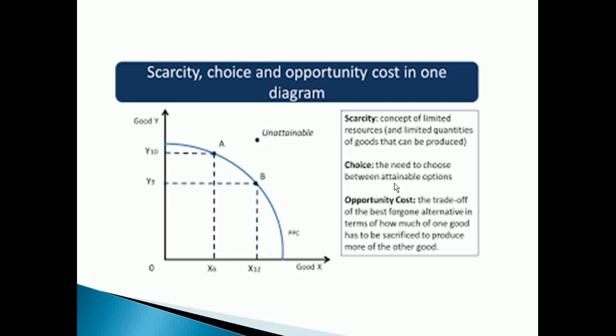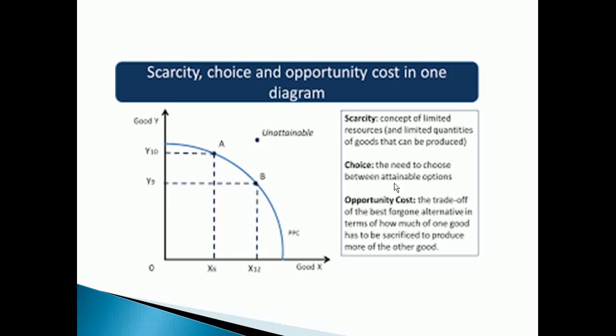Opportunity cost: there is a trade-off between good X and good Y. How much of one should we produce and how much of the other should we sacrifice? From the graph, you can see that when Y10 was produced, X3 was produced.